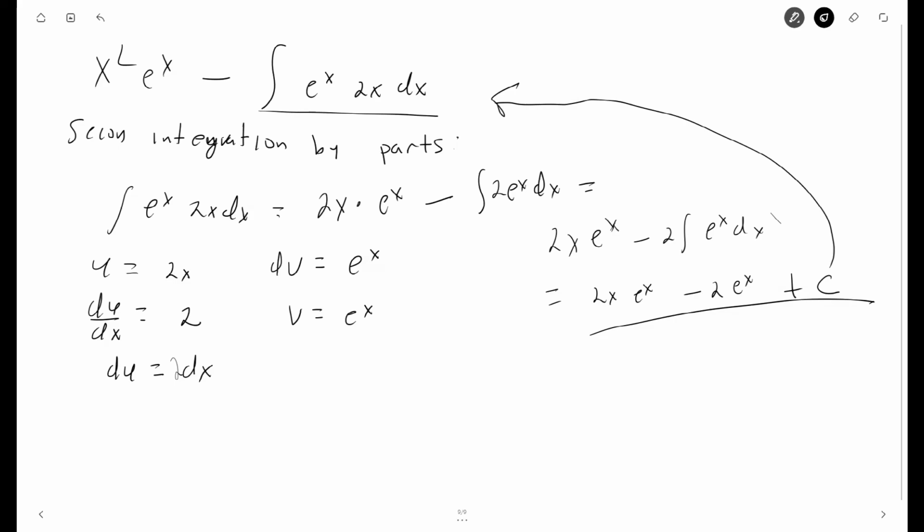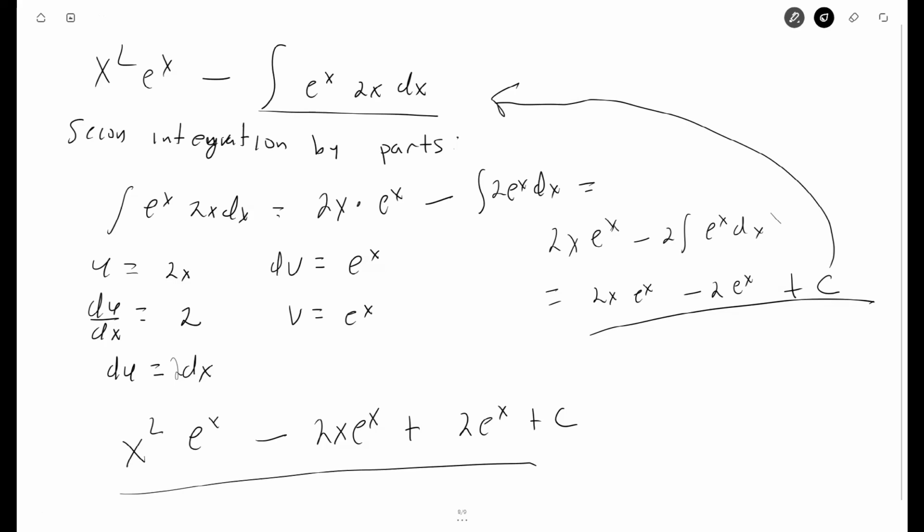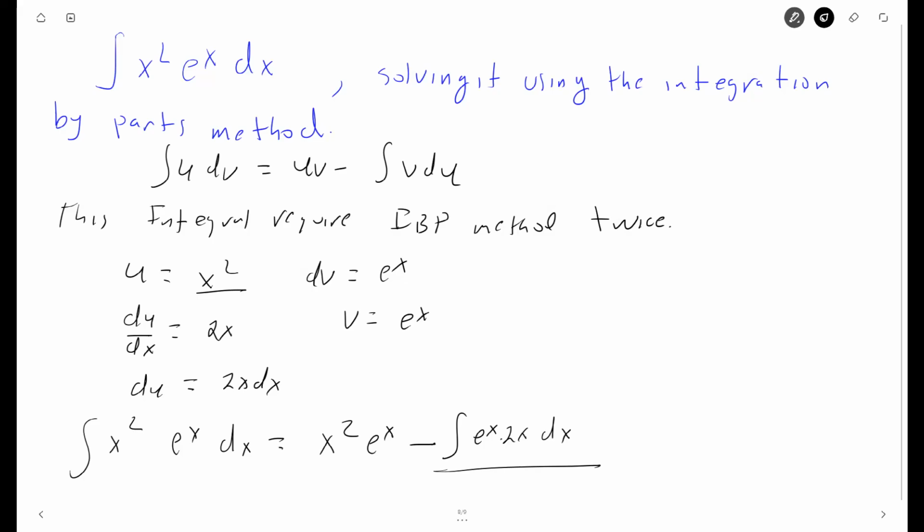So we have x squared e to the x minus 2x e to the x plus 2 e to the x plus c. And this one we're going to plug back into the first equation.